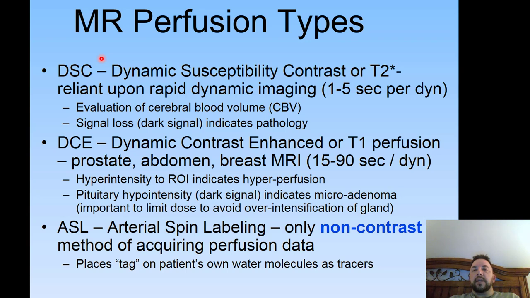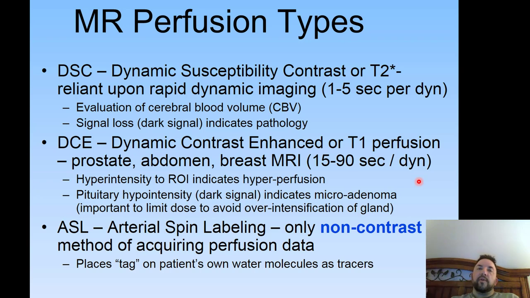Because T1 decay and the process of T1 recovery takes a lot longer, as opposed to the T2 star rapid decay, we're allowed to have a little more freedom of time to image, for lack of a better term. So we're going to look at 15 to 90 seconds per dynamic. Hyperintensity in the region of interest is what indicates hyperperfusion. Pituitary hypointensity indicates microadenoma. So here's where we want to limit the dose to avoid overintensification of the gland.